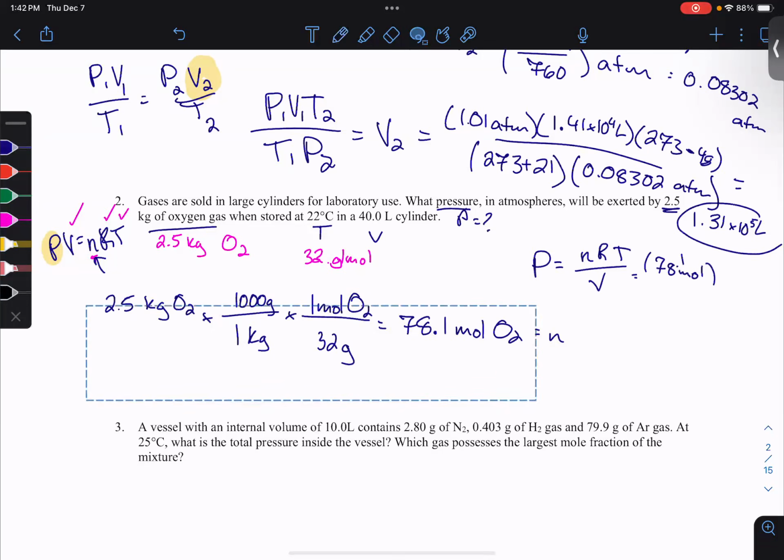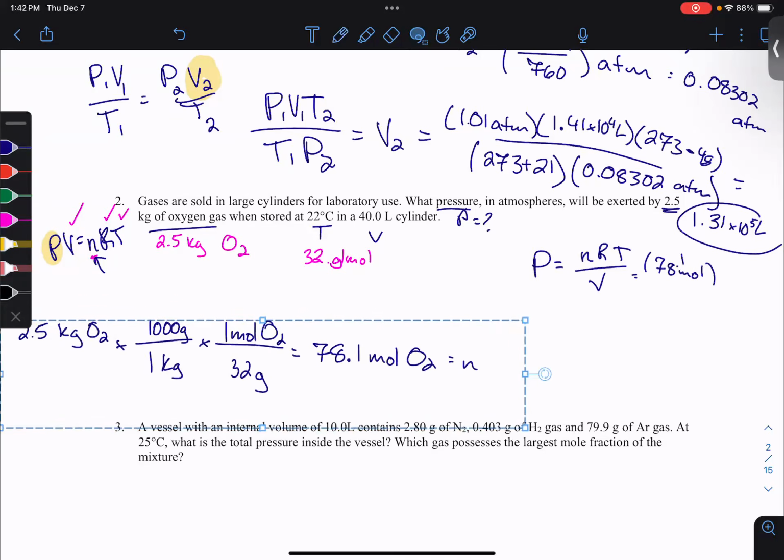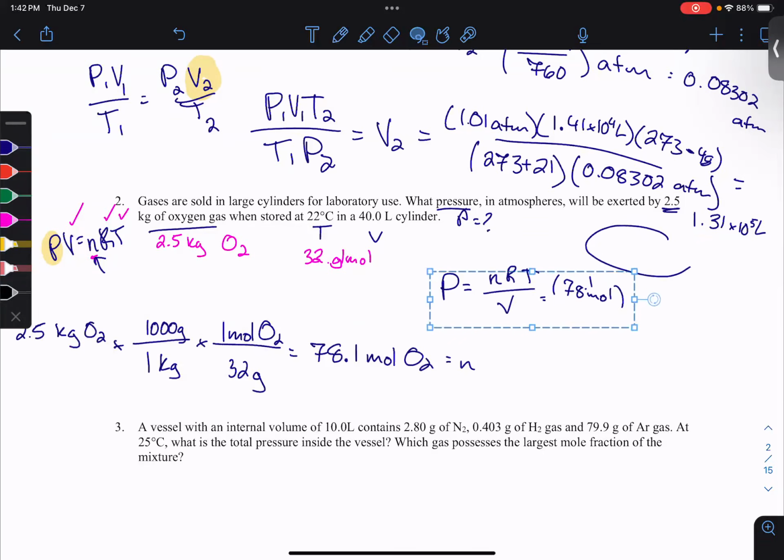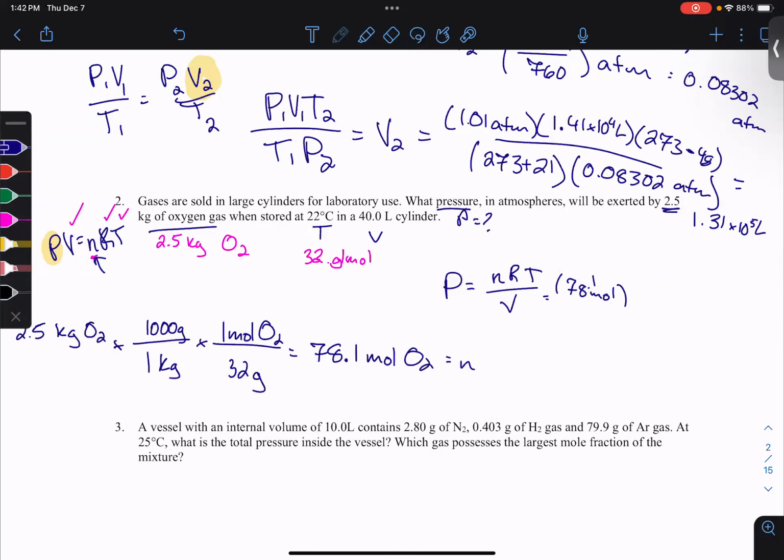R is a constant. Why do I never give myself enough room? Okay. R is a constant, but which R do I use? If you look at the supplemental information, which one do I use? Do I use the 8.1 or the 0.081? 0.08, yes. So we use the 0.08206, or I guess in the supplemental information, it's 0.0821, it rounds.